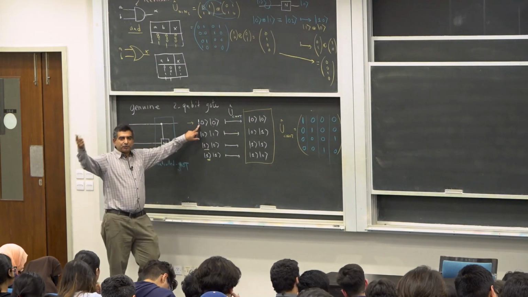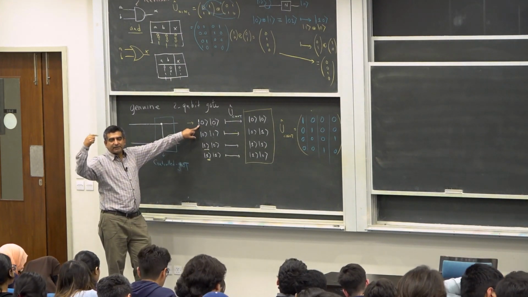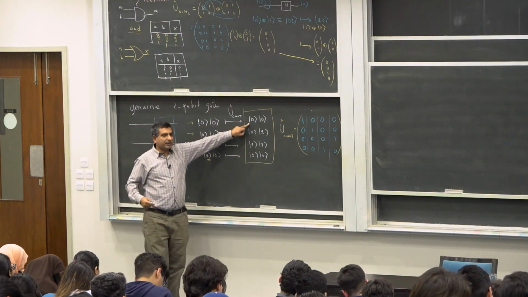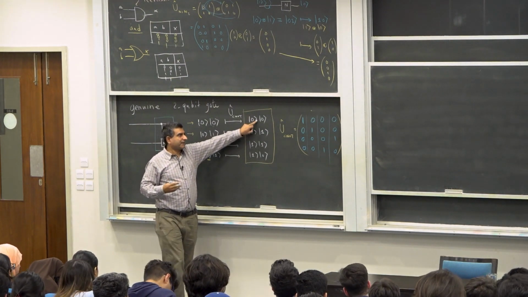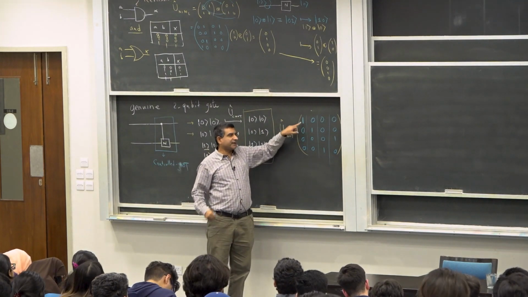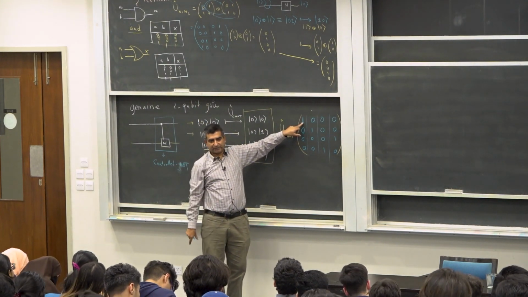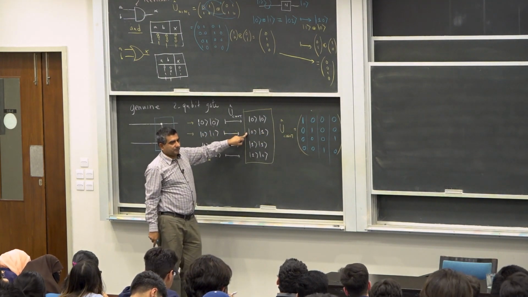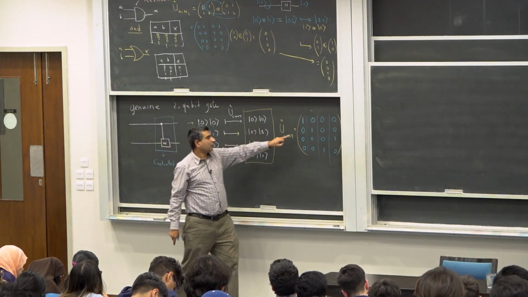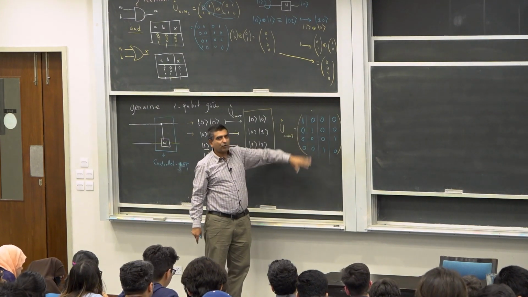So you look at the first input state. This is the first basis state. The output is just the input state. Ket 0 crossed with ket 0 is a column vector which has 1 at the top position and zeros all the way. This is the second column. The second column has 1 at the second position, all the rest are zeros.